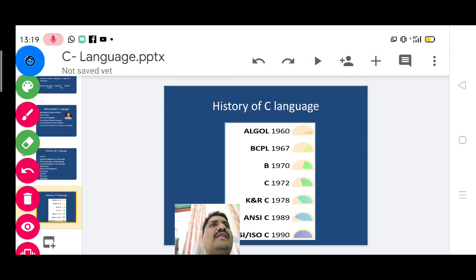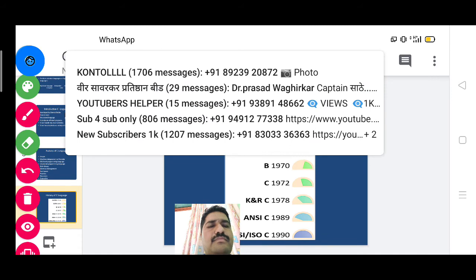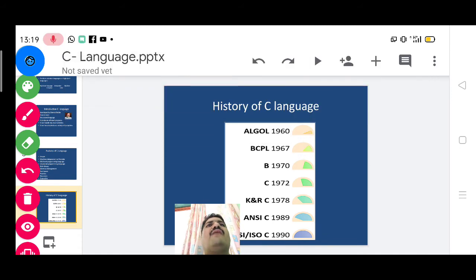In 1990, a version of C language was approved by the International Standards Organization, ISO, and that version of C is also referred to as C89.